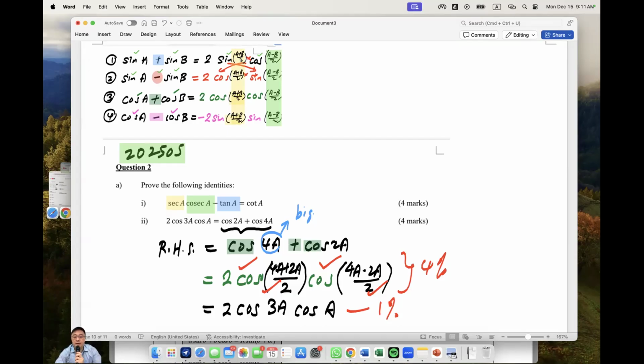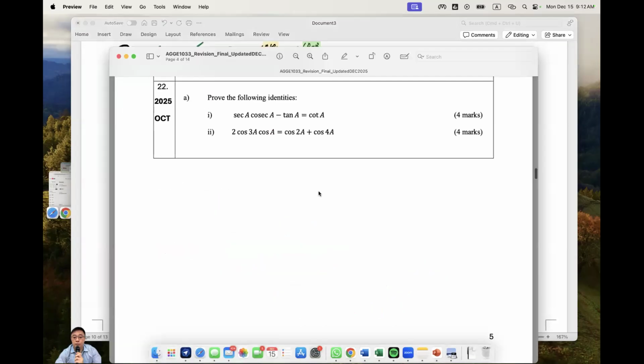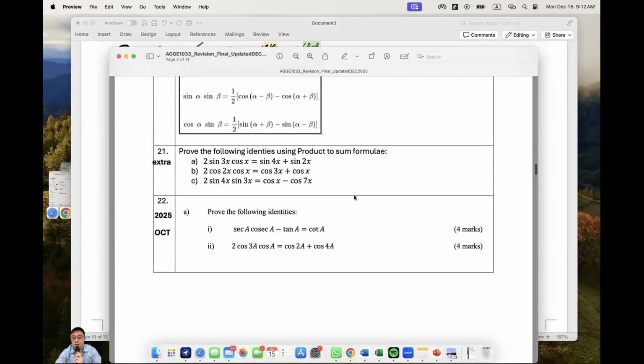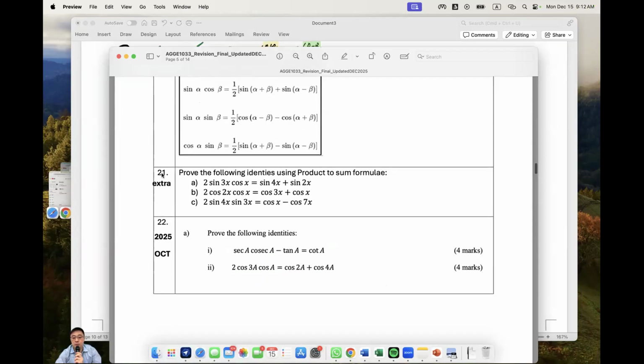Okay, if yes, then I think we can now do a few more. You can see, oh yeah, already done this one. Can you do some extra ones? This one, 21.